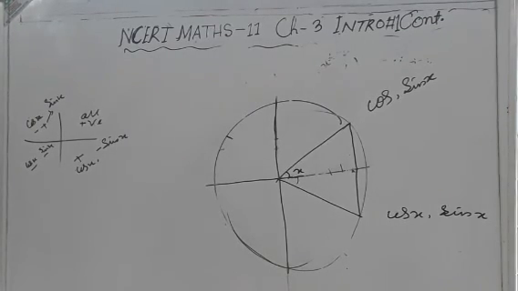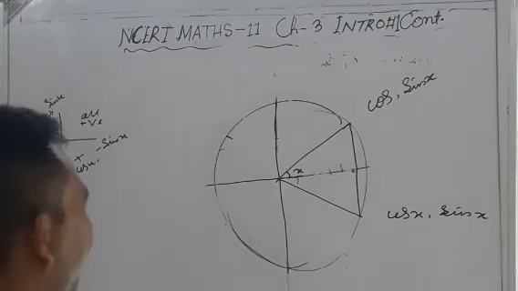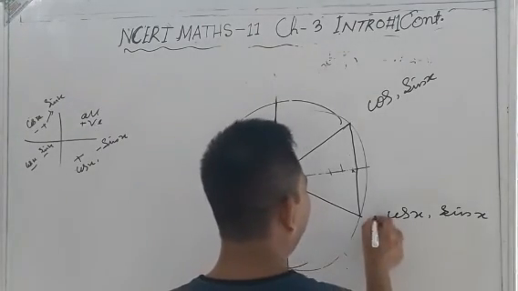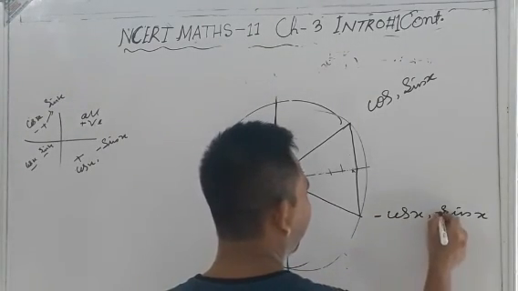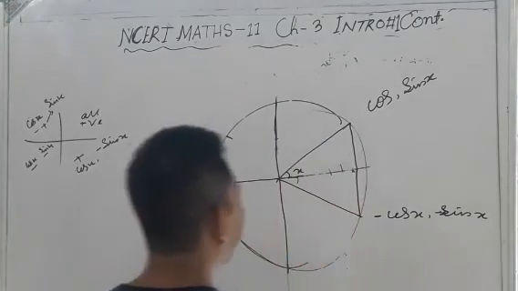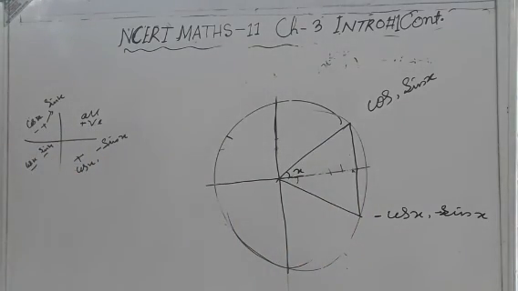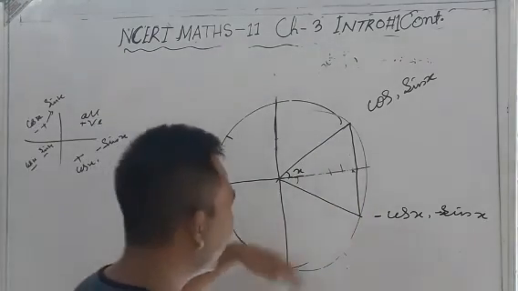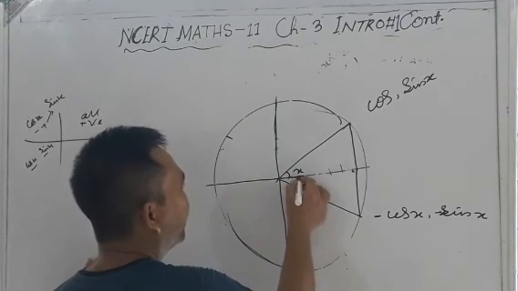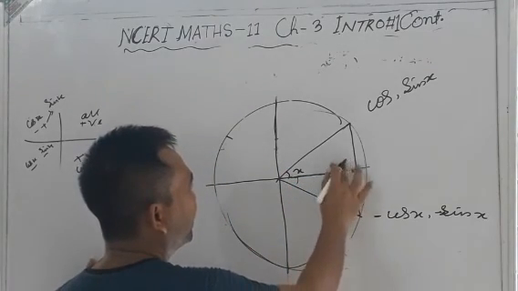So here we will get two formulas. Here both will be minus cos x, and here also it will be minus sin x, because they are at the bottom, the down part.